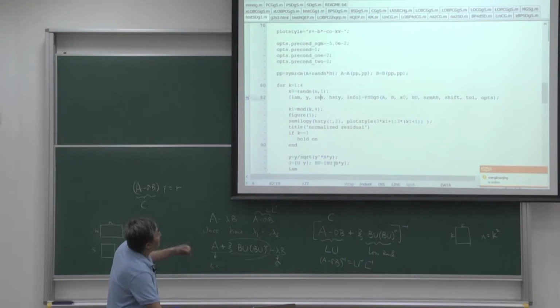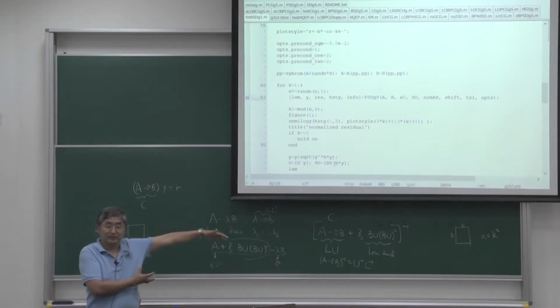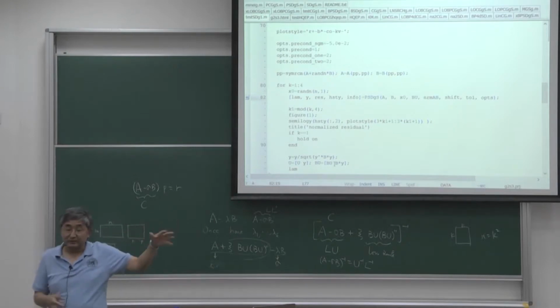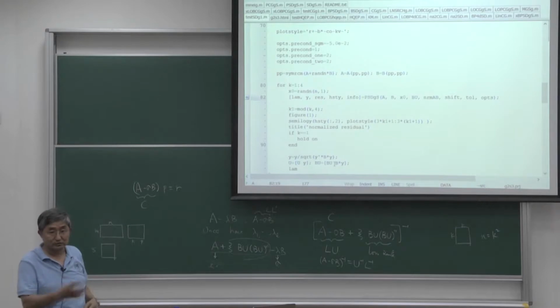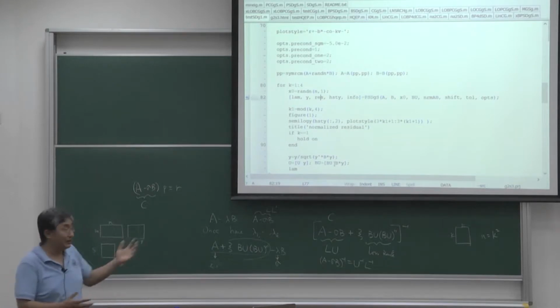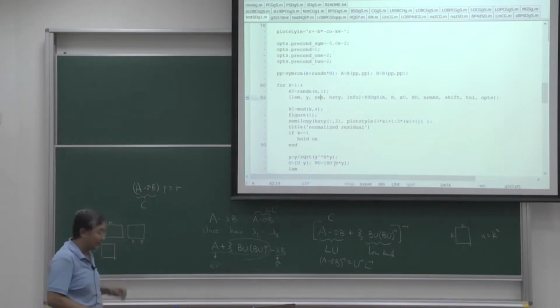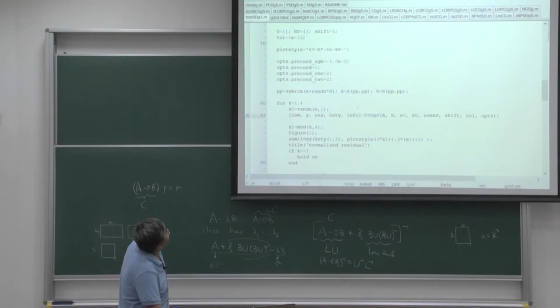So after k equal to 1, BU has one vector that's going to be passed into the preconditioned steepest descent routine, and internally it will do a shift deflation, and it looks pretty good. You see the picture, right? Okay.